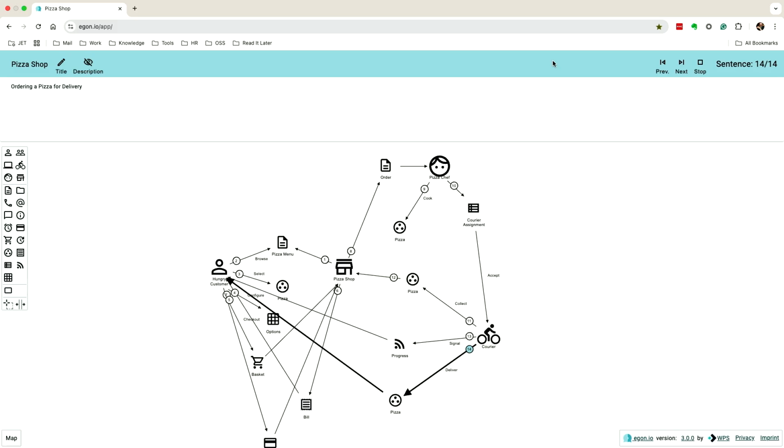In the same way, you've got a chef who's taking an order, cooking a pizza, arranging a courier, etc. So it's a reasonably intuitive way, and it doesn't push you towards implementation. Some of my problems with event storming is it tends to lead you towards thinking about implementation. You start thinking about aggregates and you start thinking about things, right? But what you're doing here is you're saying with the business, okay, what is it you do? Can we model and map that out before you build something?